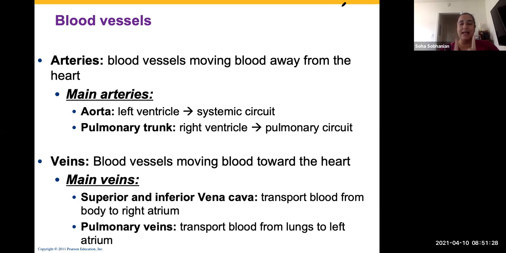We already established, guys, that blood vessels associated with our atria are always veins, and blood vessels associated with ventricles, it doesn't matter left or right ventricle, are going to be arteries.